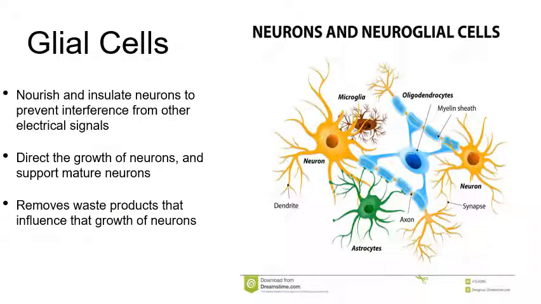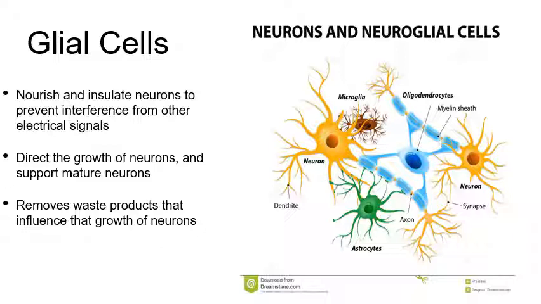Aside from neurons, there are also other cells in the central nervous system, called glial cells. Their basic function is to nourish and insulate the neurons in order to prevent interference from other electrical signals. They also direct the growth of neurons and support mature neurons. They remove waste products that influence the growth of neurons.